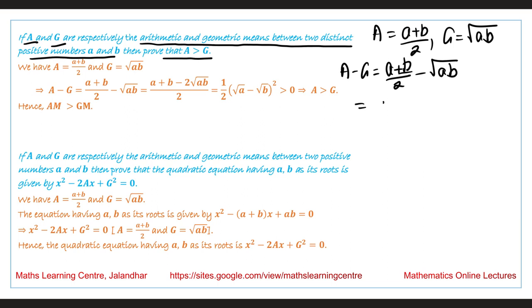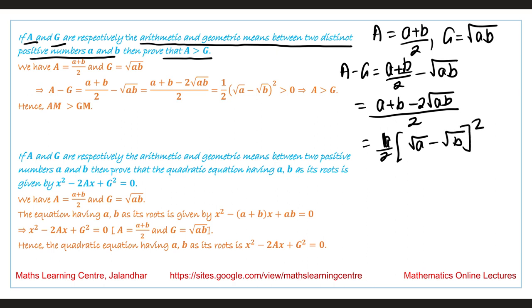So this is equal to a plus b minus 2 root ab by 2, and this is equal to, if we take 1 by 2 common, square root of a minus square root of b whole square, and clearly this term is always greater than 0 because it is being given that a and b are two distinct numbers.